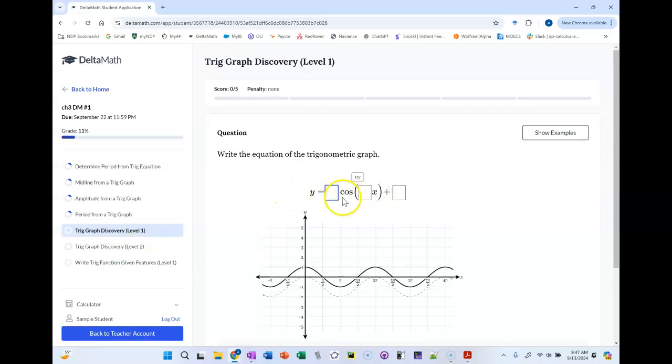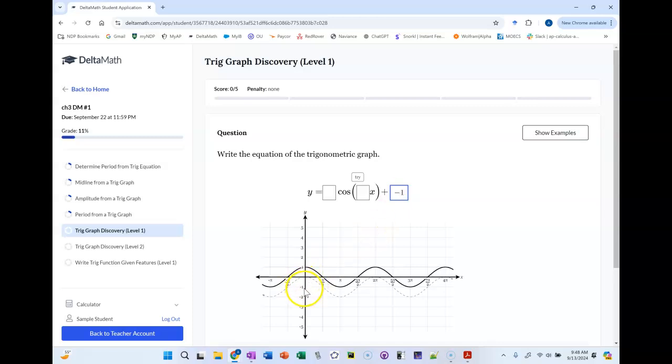All right, the next one, we're going to be filling in the equation. So the hard black one is just the regular cosine equation. The dashed one is the one that we're going to be writing the equation for. So let's start with the midline. Looks like that's at -1, right? So I'll write -1 for k.